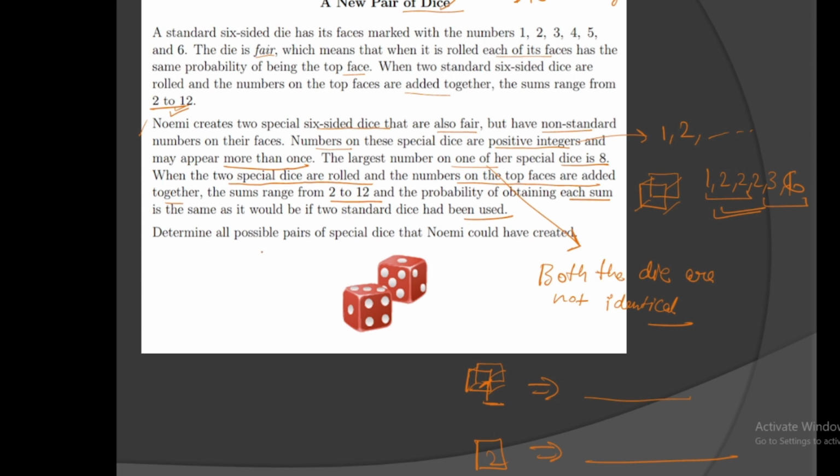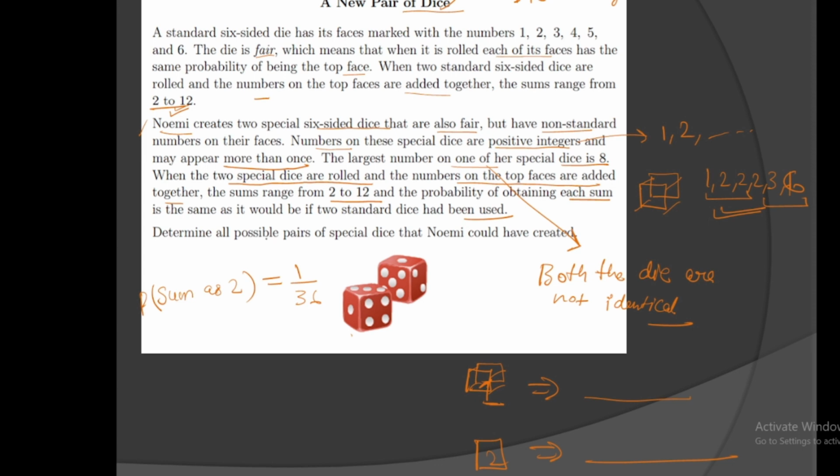Okay, means the probability of getting sum as 2, we have seen that it is how much? 1 by 36. So this will be also the case for the newly created dice that Noemi has created. So here also the probability of getting sum as 2, sum as 3, sum as 4 will be the same as in the standard case that we have already seen.